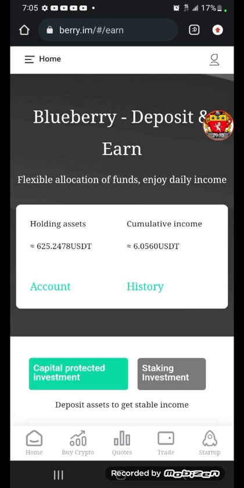But there will come a time in the future where I will be funding people's accounts to be able to come in on this so that they're not risking anything, at no risk financially to them, but they can benefit from it financially.